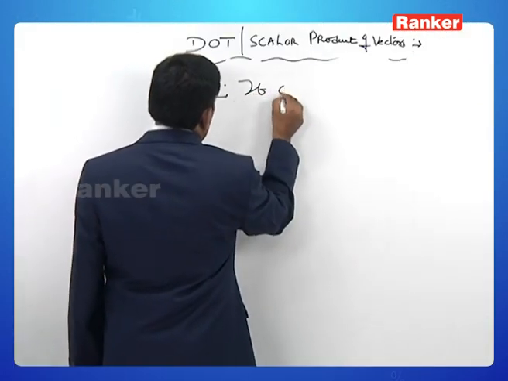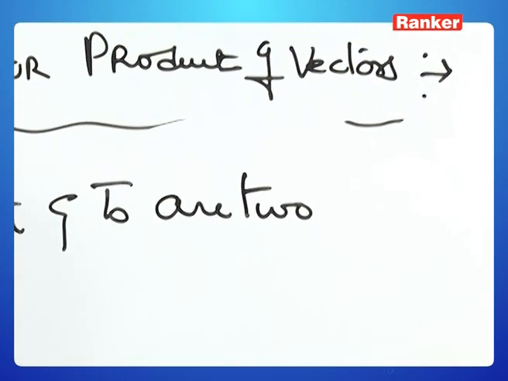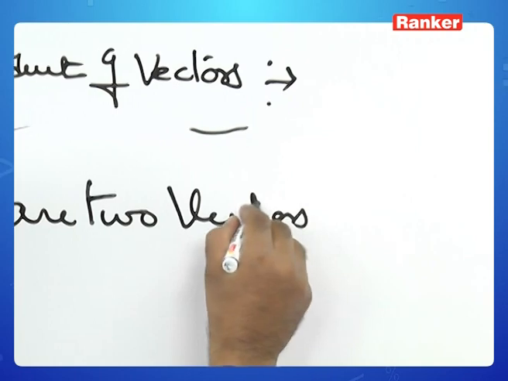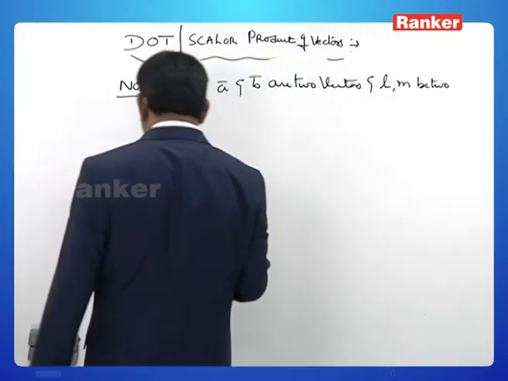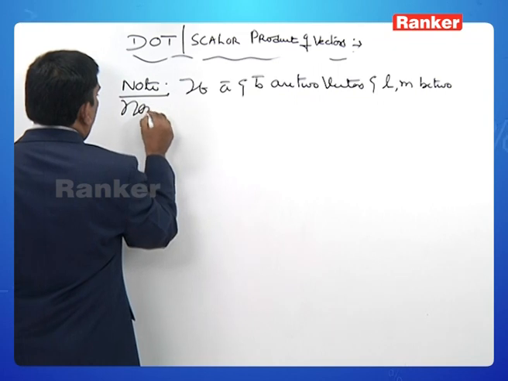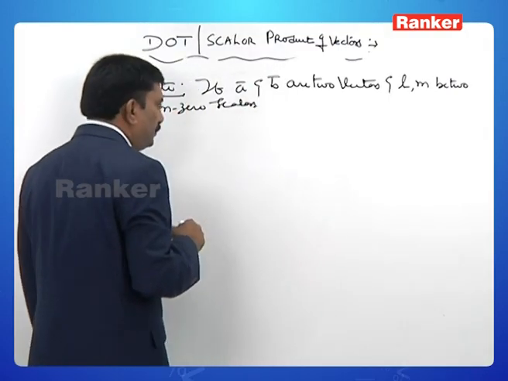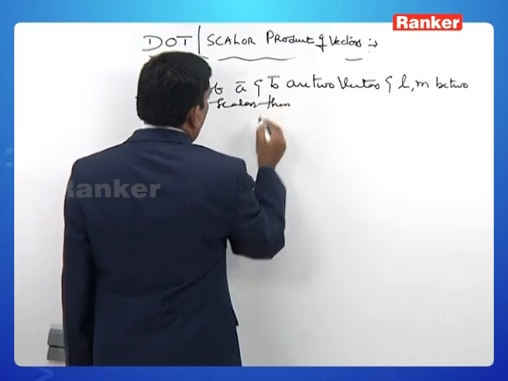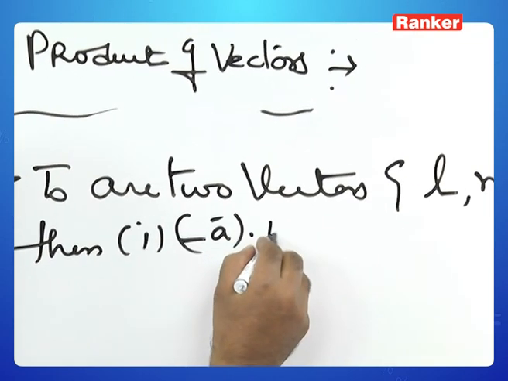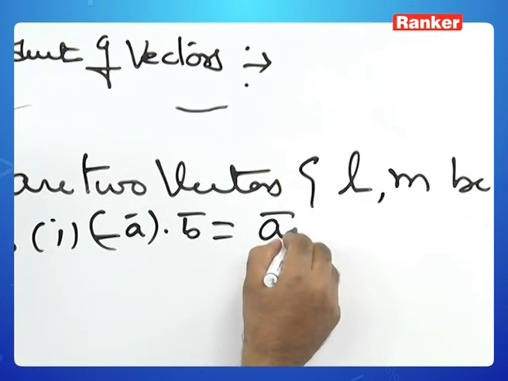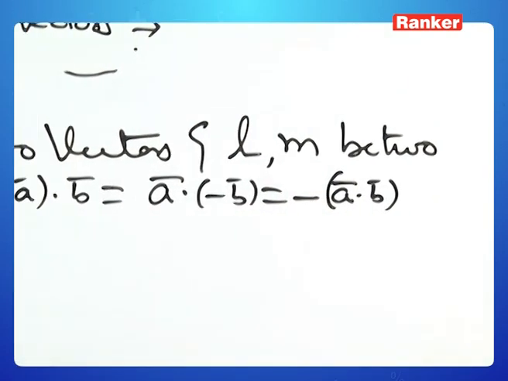Note, if A bar and B bar are two vectors and L, M are two non-zero scalars, then the very first one is minus A bar dot B bar is equal to A bar dot minus B bar is equal to minus A bar dot B bar.